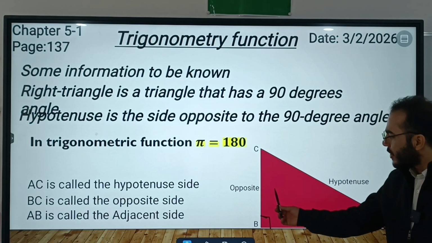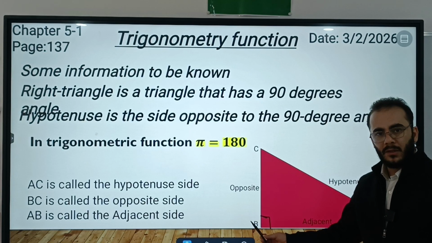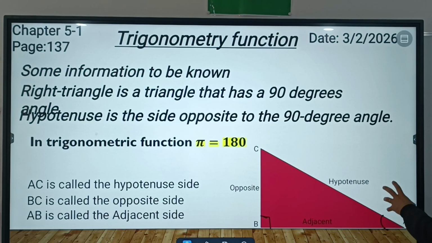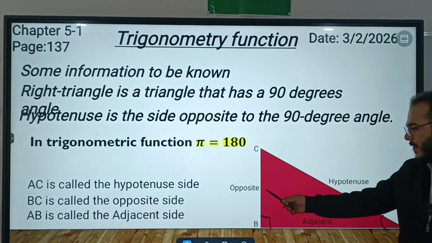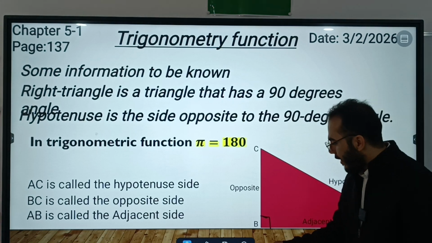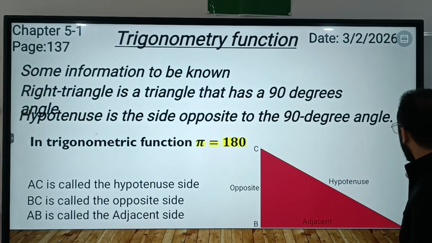Then the opposite side we call the opposite side, and the side next to the angle, which is in the base of our triangle, is called the adjacent. According to angle A, we name these 3 sides, because we need to know how to name the sides that we need.